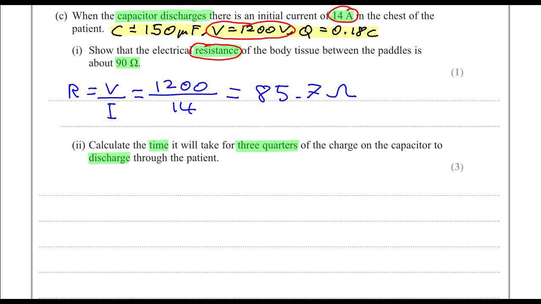So if we think about the charge in a capacitor, which is given by Q is Q0 e to the minus T over RC, where R is the resistance in the circuit, C is the capacitance in the circuit. Q0 is the initial charge.